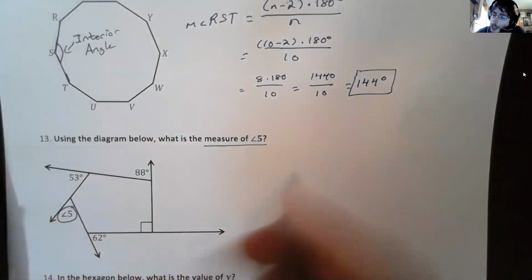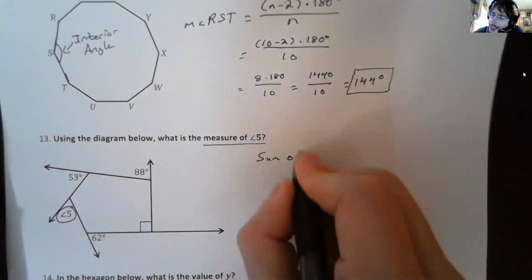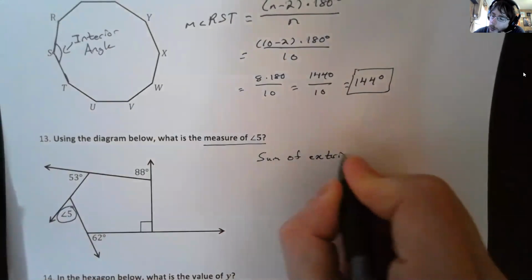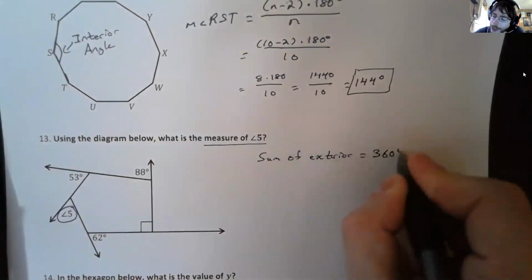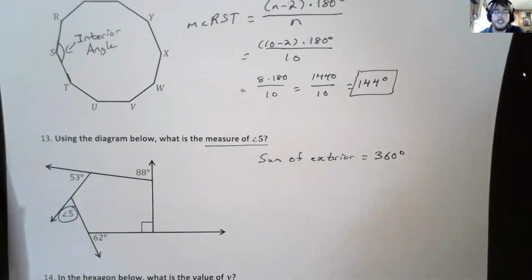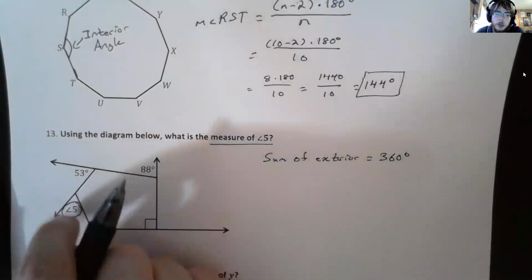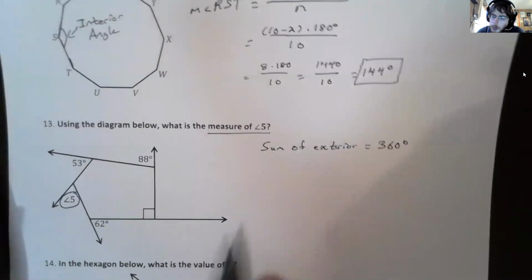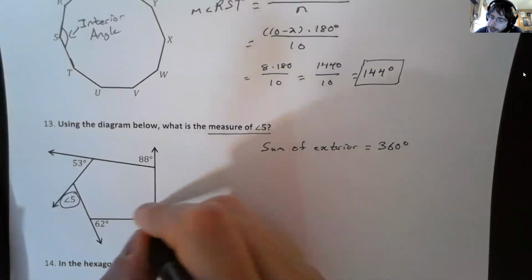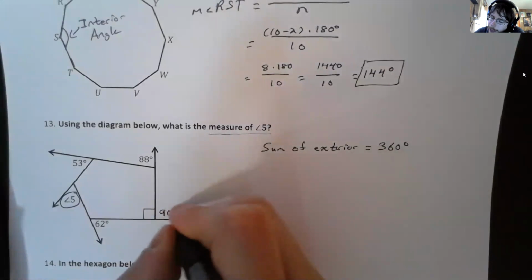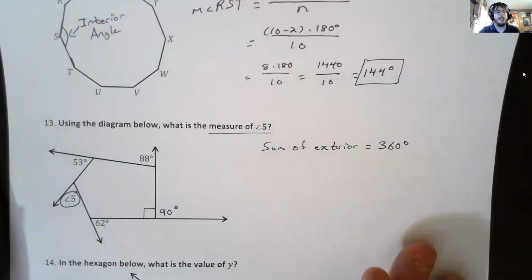However, we do know that the sum of the exterior angles is always 360 degrees. So if we know all of the exterior angles, we can find what angle 5 is. And the only one we're missing is this one, but since this is a 90-degree angle, we can find out pretty easily that that would be 90 degrees.